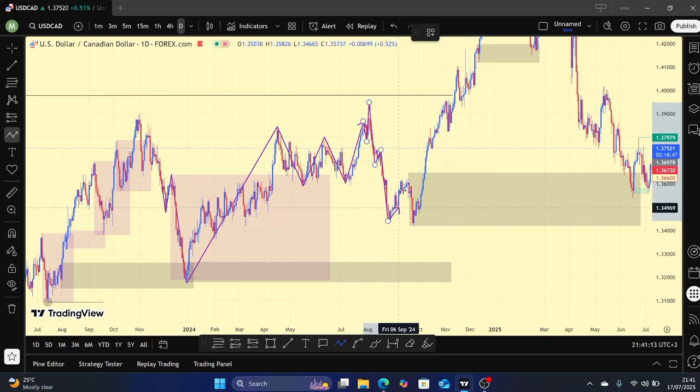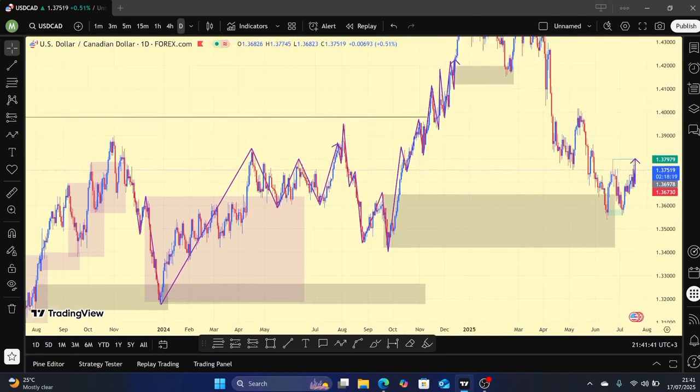I know there are these pullbacks, but I'm not interested in them. Then this one, then now price getting here, a pullback, a pullback again. Is that a valid pullback? Yeah, so a pullback and another pullback right here.